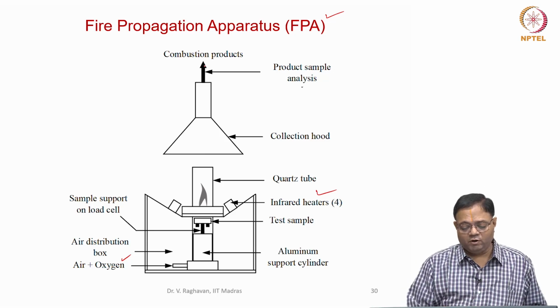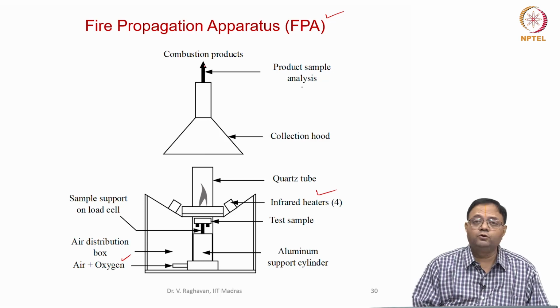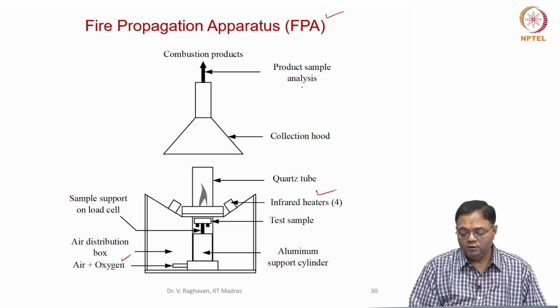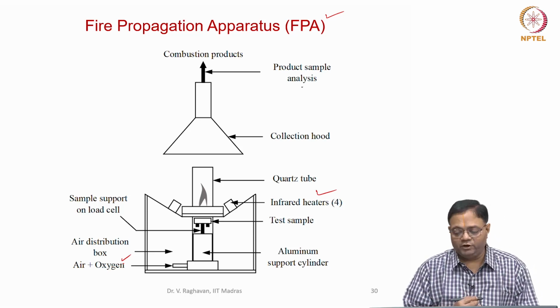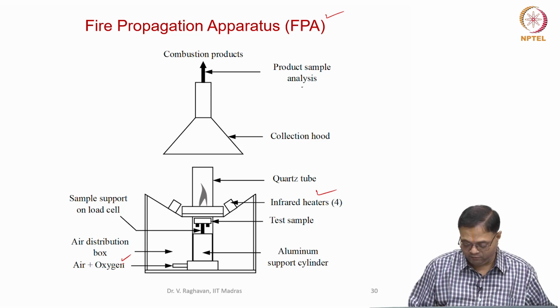The main advantage of this is you can go for bigger sizes, and also have co-flow of oxygen and air. The other things like measuring the load or mass loss rate, or gas analysis, will be the same as in the previous cases. So, this is the fire propagation apparatus.